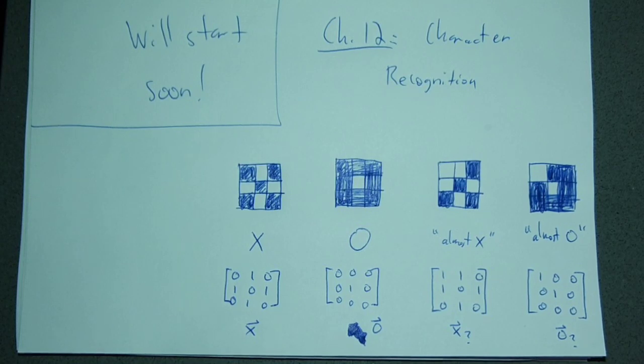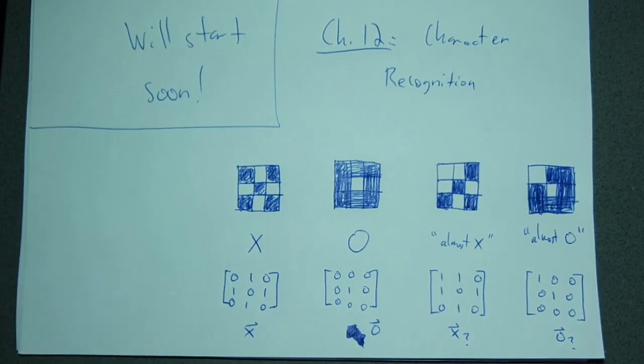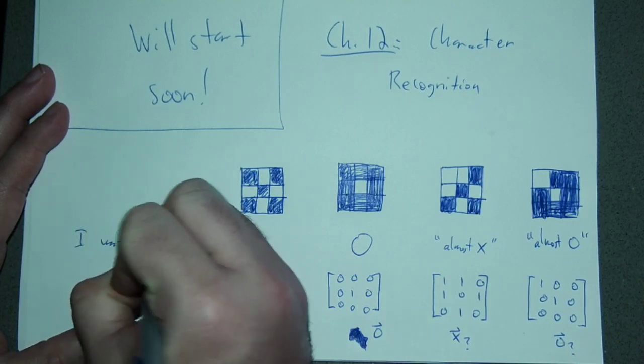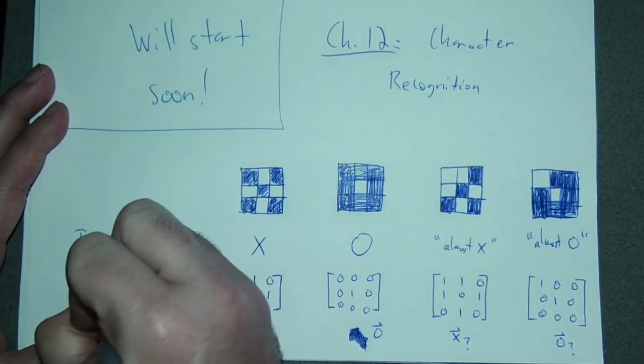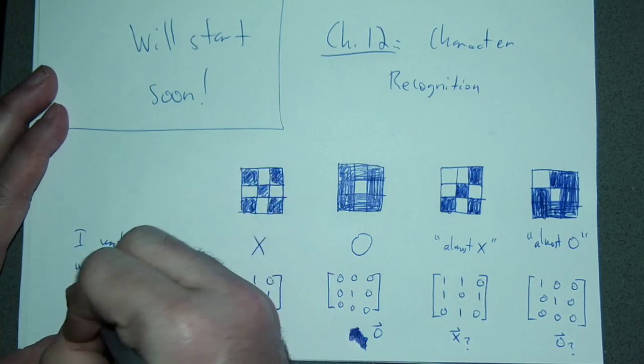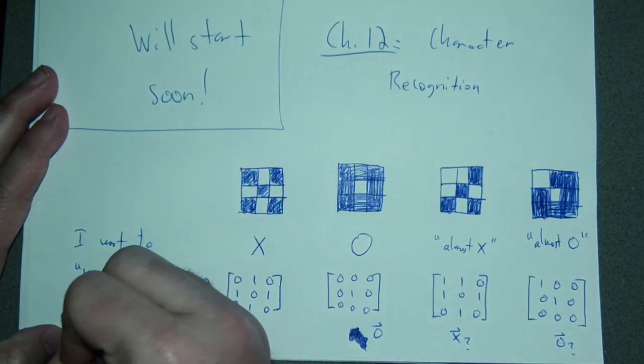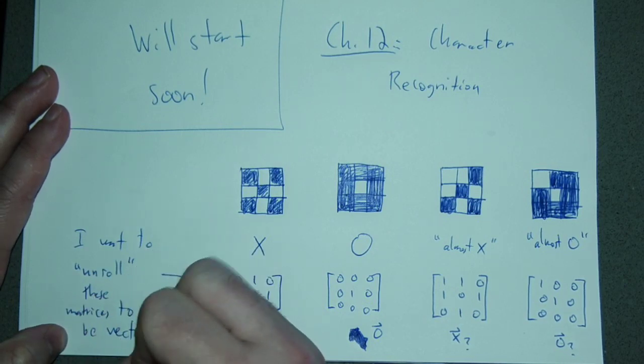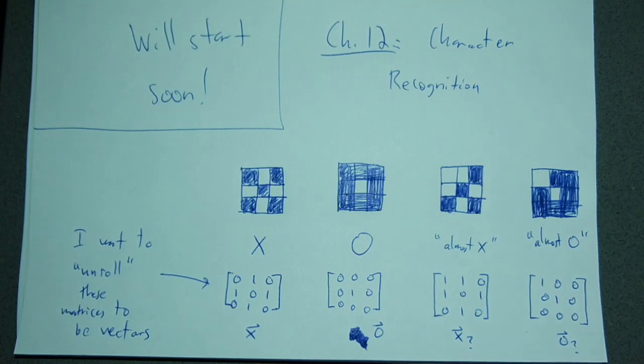Okay. Now I used vector notation here, even though these are matrices, and the reason for that is I'm going to unroll these matrices to be vectors. That's not too crazy. I do this by putting each column below the previous one.